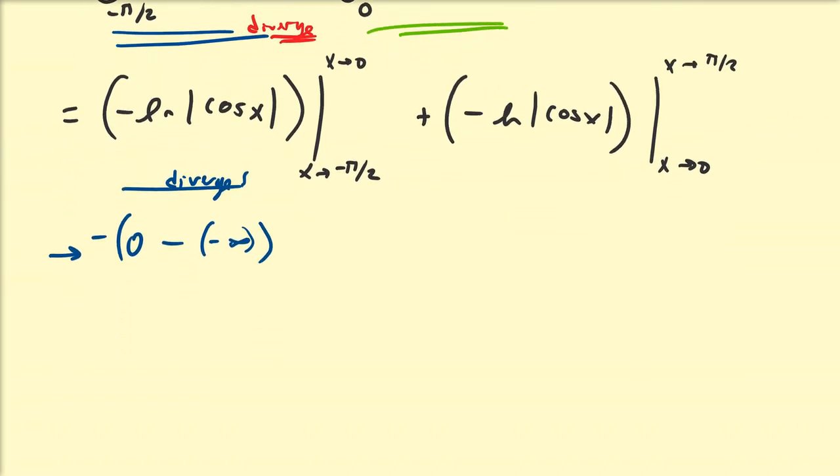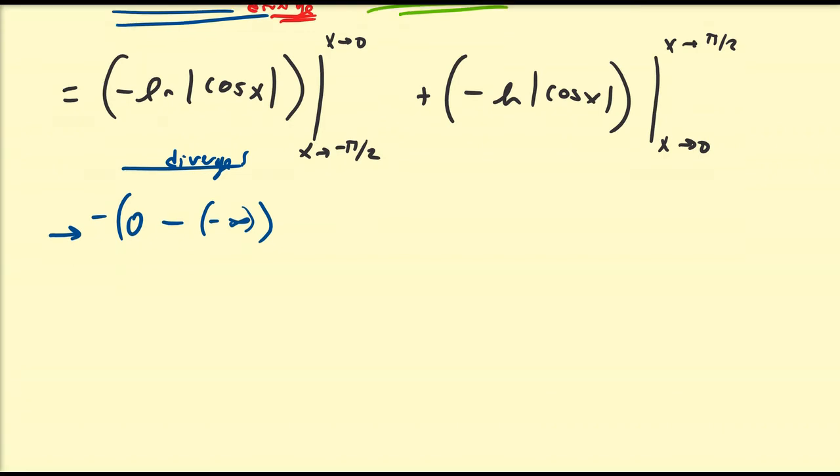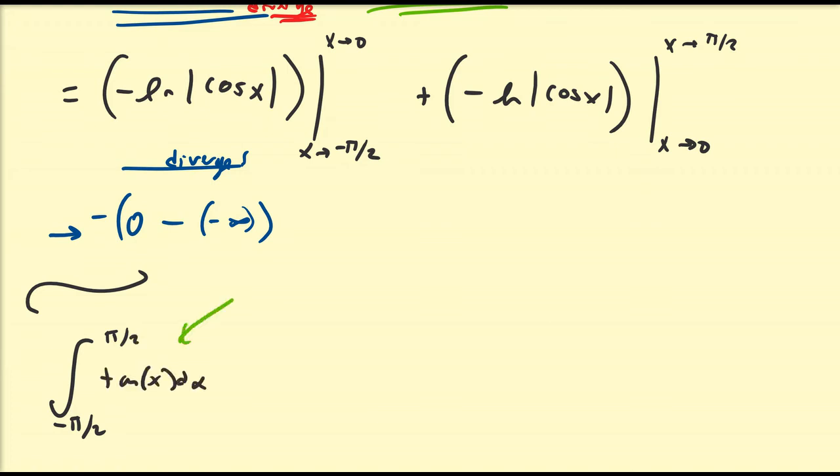All right, so how can we bypass this in order to find the principal value of the integral? Let us return to the original integral, namely the integral from -pi over 2 to pi over 2 of tangent of x dx. We've already established that this integral diverges, but it's possible that these negative infinities and positive infinities will cancel each other out, so it's possible that this integral does have a principal value.